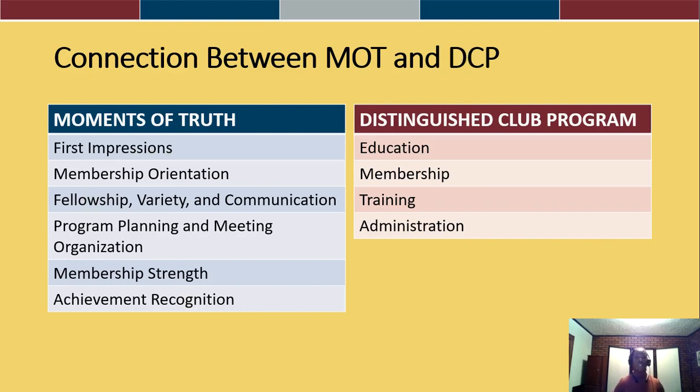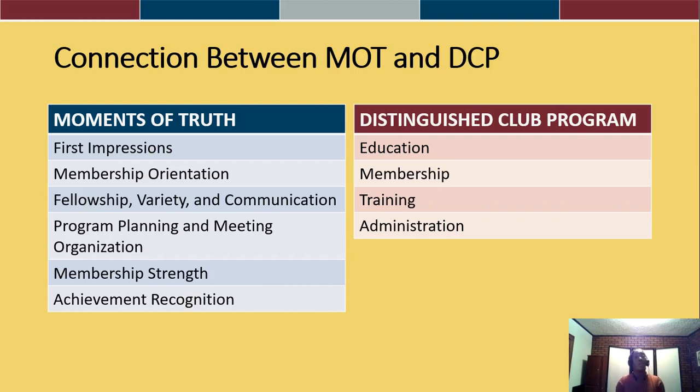We talked about first impressions and those 6 elements, membership orientation and the 6 elements of that, fellowship, variety, and communication and those 6 elements, program planning and meeting organization and the 6 elements that make up that category, as well as membership strength and the 6 elements for that, and closing out with achievement recognition and the 6 elements. 36 elements make up Moments of Truth.